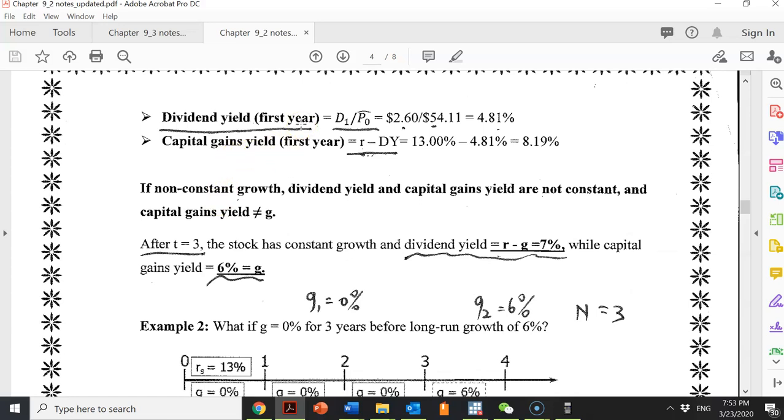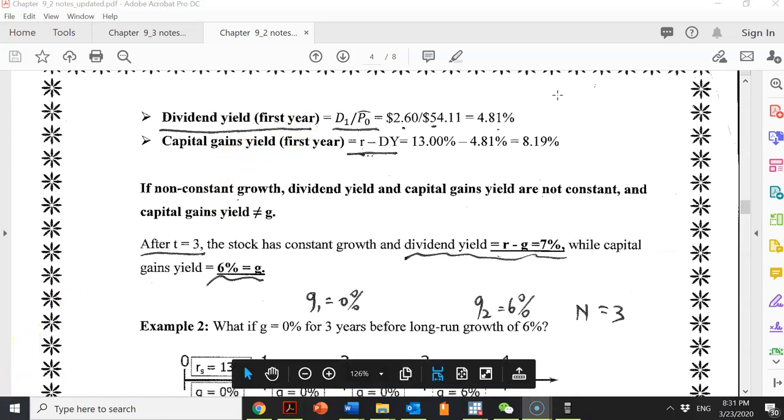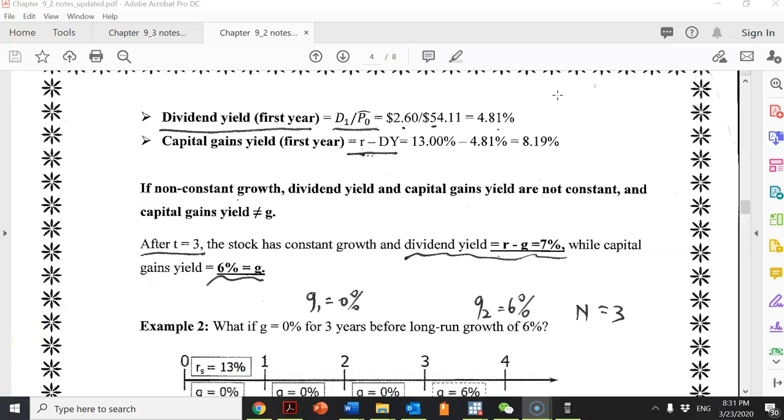For the first year, because it's not in the constant growth model setting, we can only use our definition for dividend yield and capital gains yield. For dividend yield, by definition, it should be D1 over P0. We know both numbers, so we can just plug the numbers in, and we have 4.81% as our dividend yield.